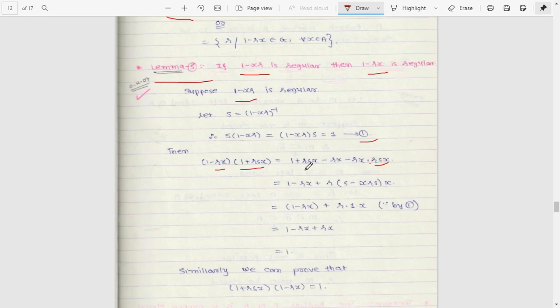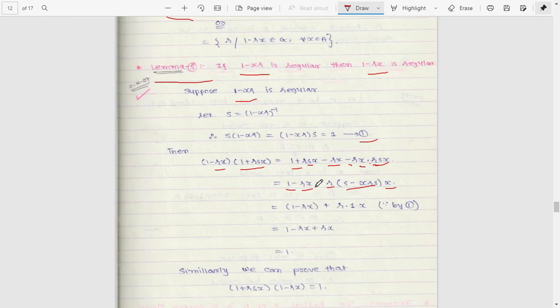We write 1 minus rx plus, we take r and x common out. So we get s minus xrs.